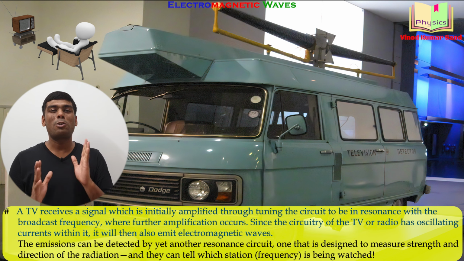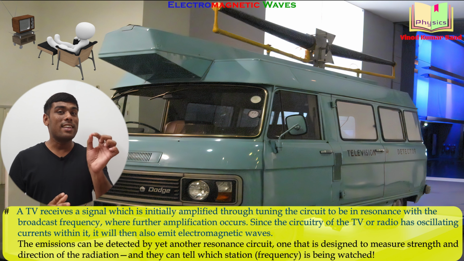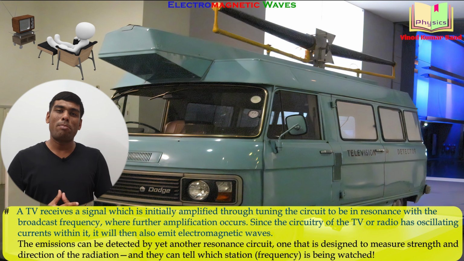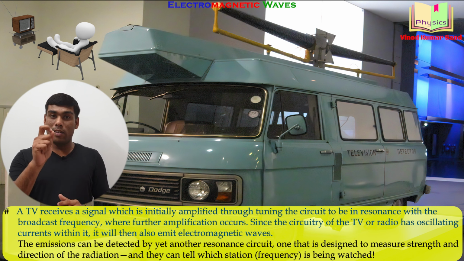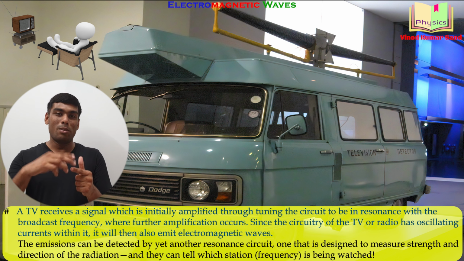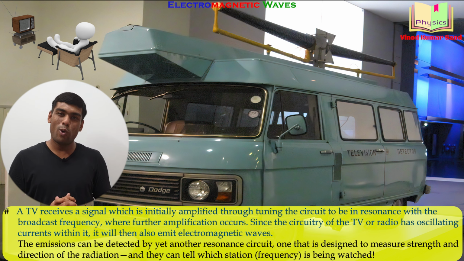Oscillating charges will produce EM waves, and these radiated EM waves from the TV can be detected by detector vans, or even there are handheld devices which can detect the radiations coming from the TV, and these devices can even tell which frequency, meaning which channel, is being watched.